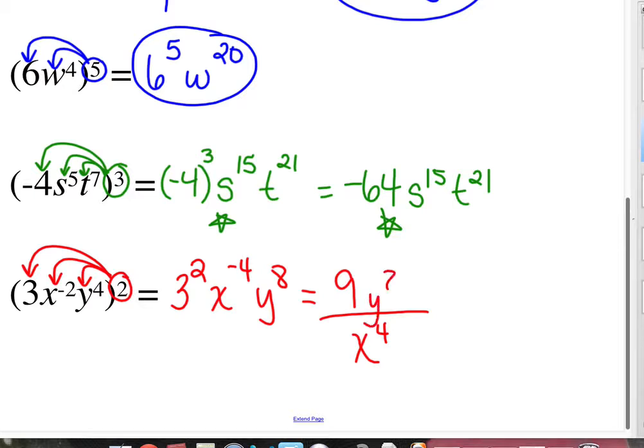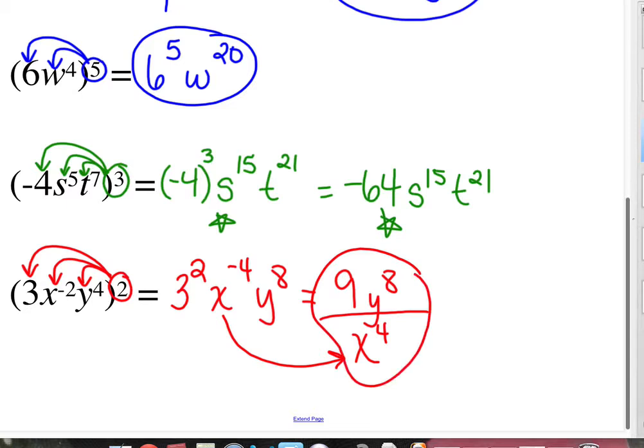He can stay upstairs with the 9 because he's not negative, right? So the 9 becomes part of the numerator of the fraction, the y to the 8th power becomes part of the numerator, and x to the negative 4, we sent him downstairs for an attitude adjustment so that he could then have a positive exponent. So this is our final answer.